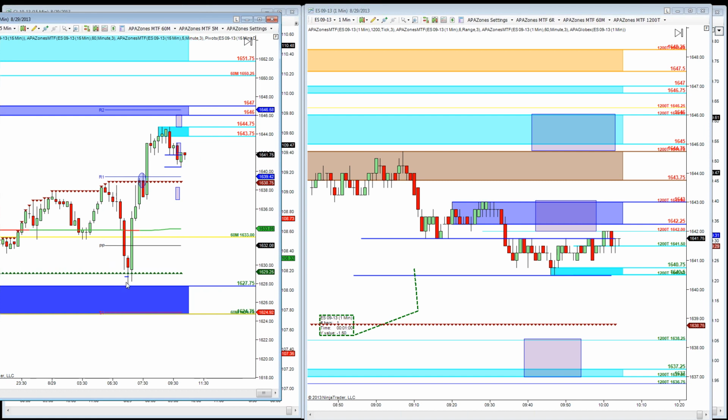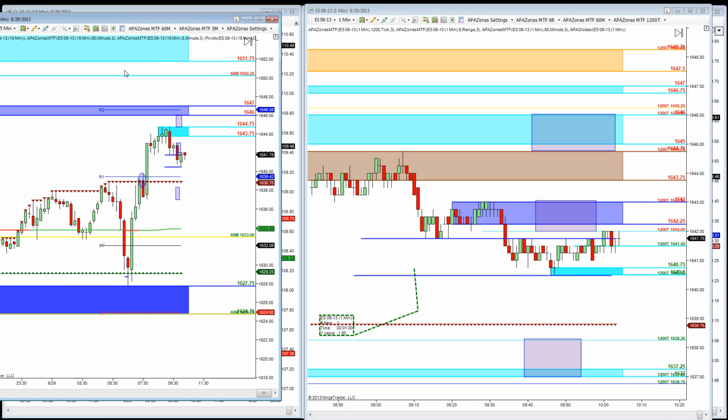Like I said before, it looks like we're moving from demand down here up to supply. So I think we could go all the way down to the Globex high level and then bounce up. But since this thing is consolidating here for quite a bit, and it is at the top of the hour, this may be all the deeper the retracement is, and we could break up to the upside.